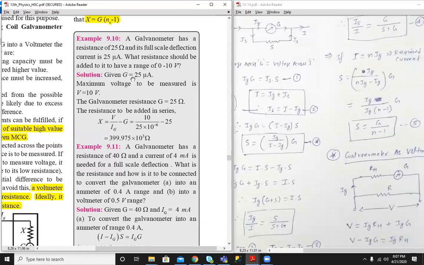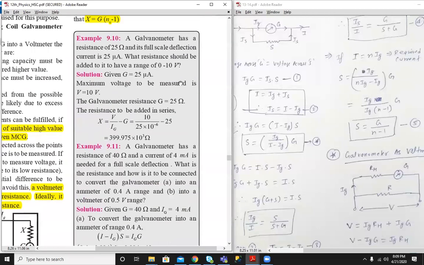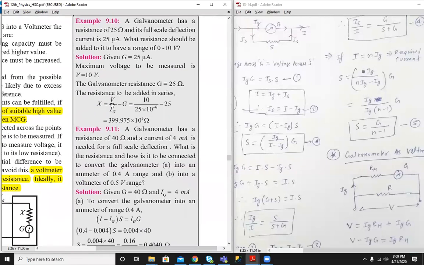What resistance should be added to it to have a range of 10 volt? So the required voltage is capital V equal to 10 volt. So you have to determine the high resistance. So just put the formula we found: RH or X equal to V by Ig minus G.